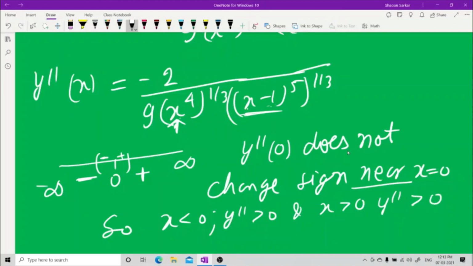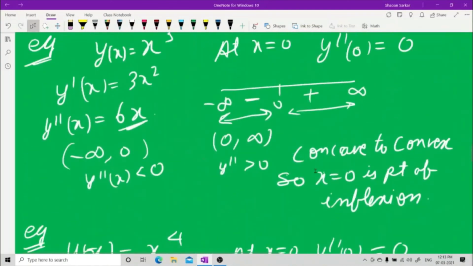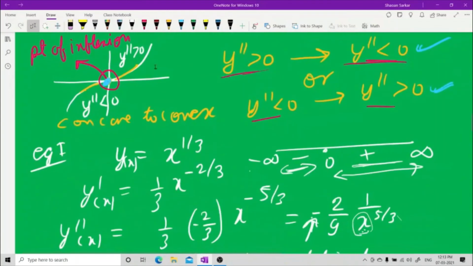मैं ये कहना चाह रहा हूँ, I'm taking the point x like this, between 0 minus epsilon and 0 plus epsilon, which is of course less than 1. I'm not taking more than 1. मेरा जो point है वो 0 के आसपास है, because जो curve change होगा वो 0 के point के आसपास change होता है. इधर देखो 0 के आसपास चेंज होता है. ये देखो 0 के थोड़ा सा आसपास, थोड़ा सा आसपास चेंज होता है.